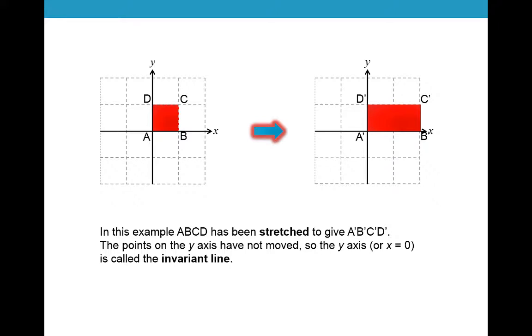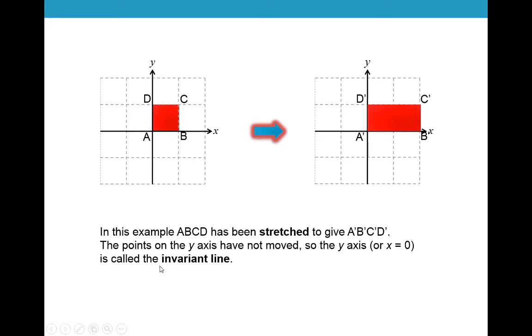Whereas an invariant line is not necessarily points staying the same. They can move somewhere along that line. But a line of invariant points means the points do stay where they should be. So in an invariant line, the points stay on that line.